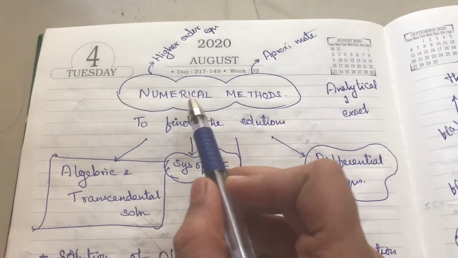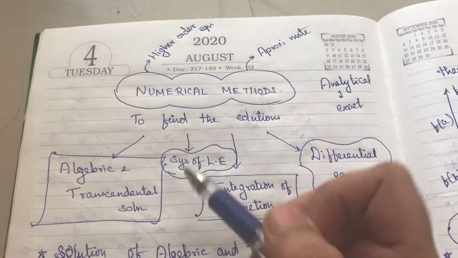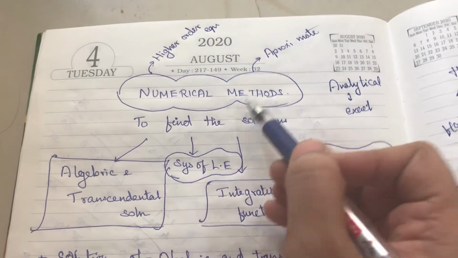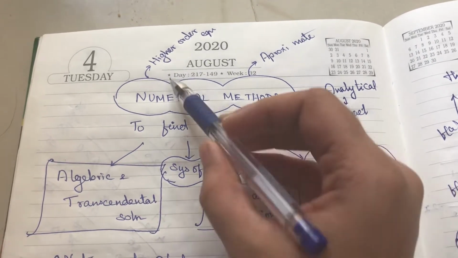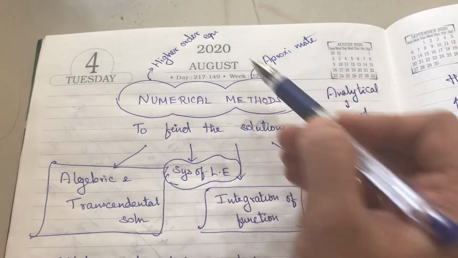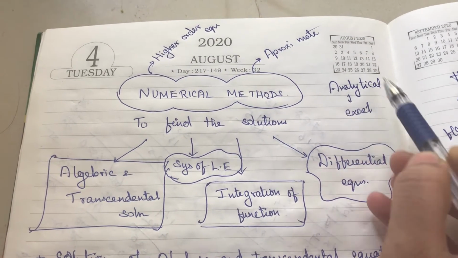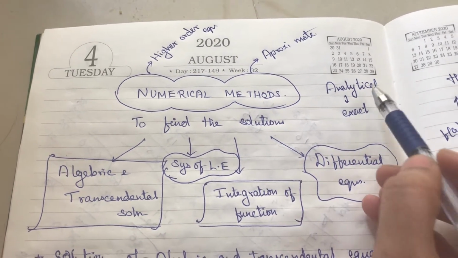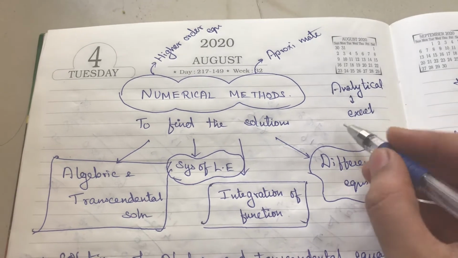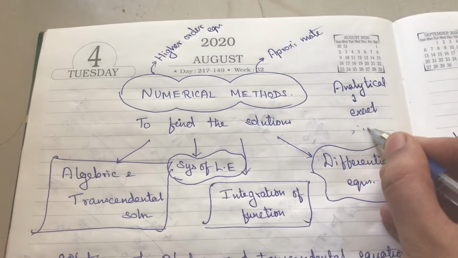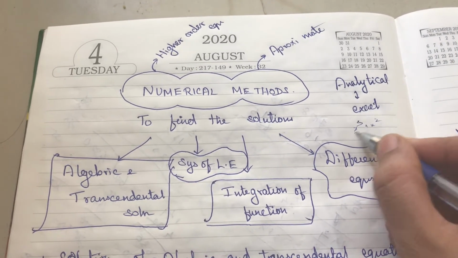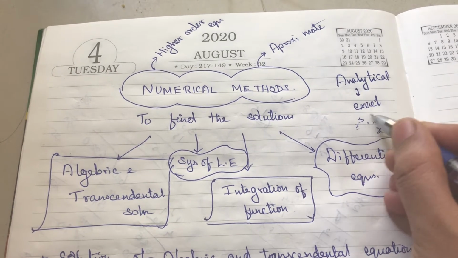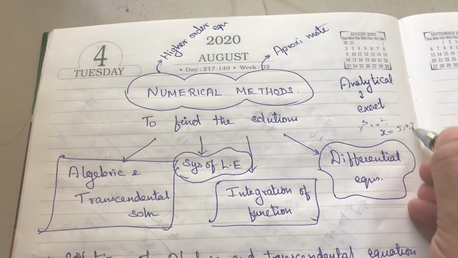So, what is numerical methods? Normally, numerical methods are used to find solutions of higher order equations, because normally we use the analytical method. So it will give exact values, like if I say x cube plus x square, we will get the roots exactly, like 5, 6, 7.